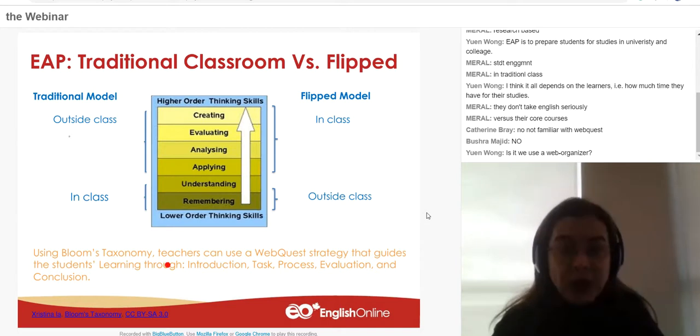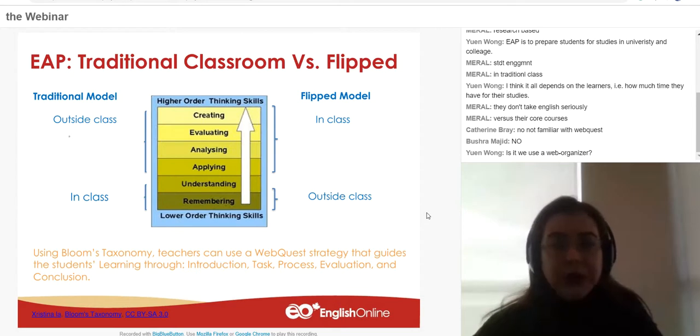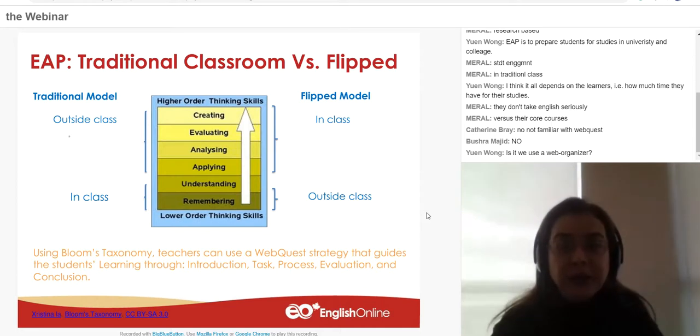So this is what a web quest is about. Of course, it could be as simple as sharing a Google Doc form with students, giving them what they need to do. Or it could be more sophisticated tools. And we're going to discuss together here some interesting tools that you can use, whether for your online learners or if you work with your learners in a face-to-face environment.